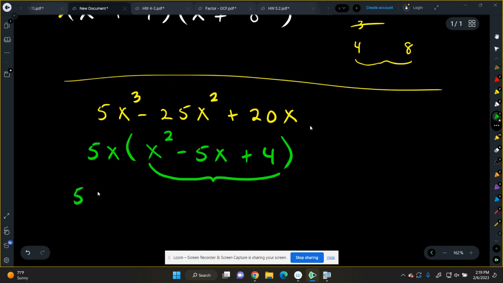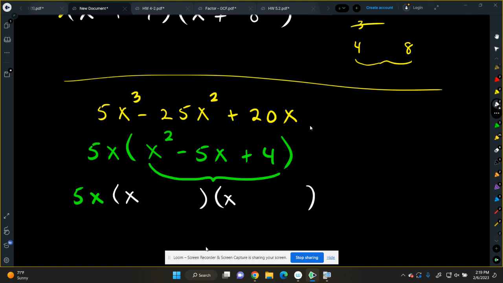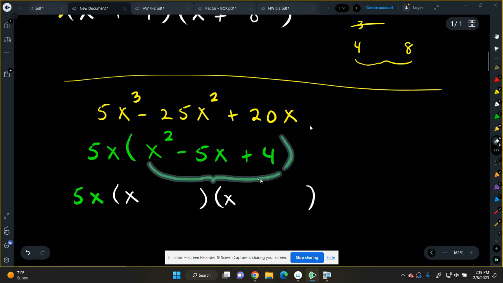So we've got 5x, and we're going to make our two sets of parentheses. We put an x in each parenthesis. Okay? So the part that's in white, this is the one part that we just learned.